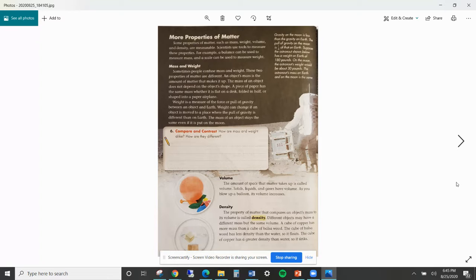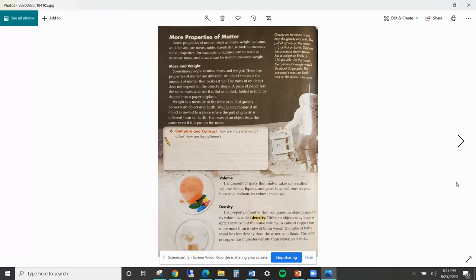So let me give you an example here. If I went to the moon, I would have the same amount of mass as I do here on Earth. But I would weigh 1/6 of what I weigh here on Earth.